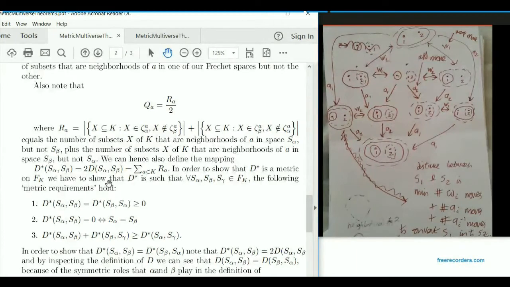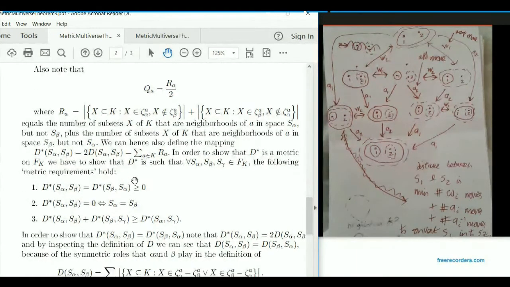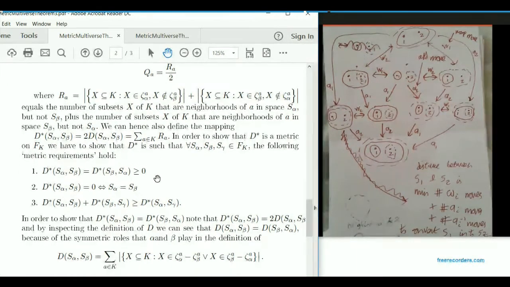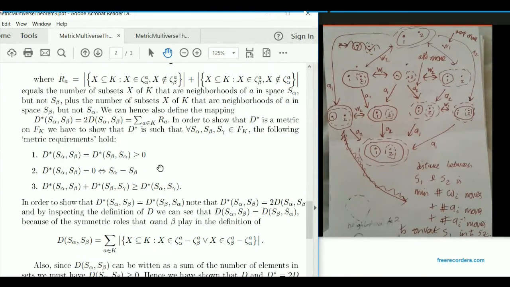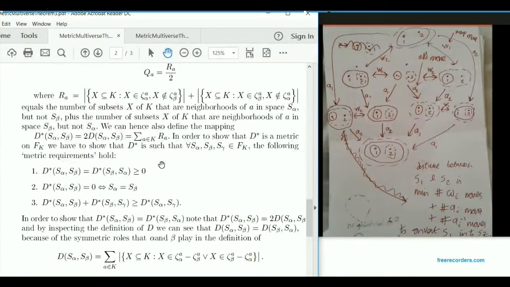So we have this kind of condition that our distance is only going to be 0 when S alpha is equal to S beta, and then finally you have this triangular inequality kind of notion, which I've had a go at algebraically, sort of satisfied myself of, but intuitively I find thinking about it in terms of these sort of moves, and thinking about the minimum number of sort of little neighbourhood perturbations you have to do to get from one place to another is another very good way to sort of try and convince oneself that this function d also satisfies a triangular inequality.